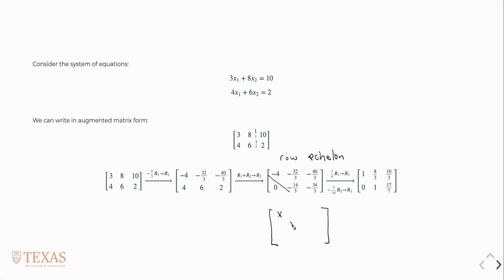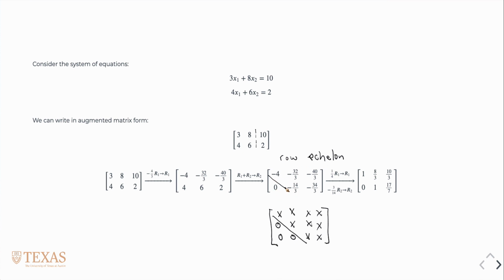You'd have some entries on the diagonal, and then you'd have zeros below. That would be what row echelon form would look like for a 3 by 3 augmented matrix system of equations. So this is called row echelon form once we get to that point.